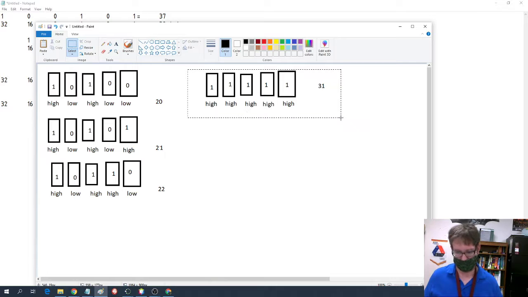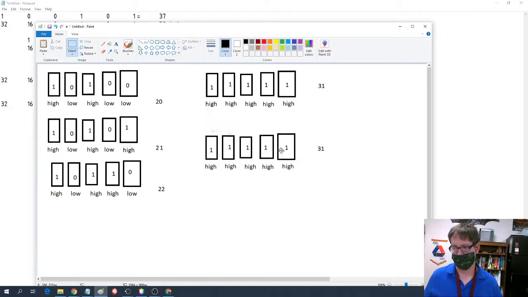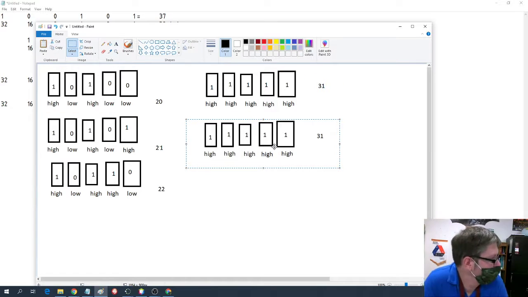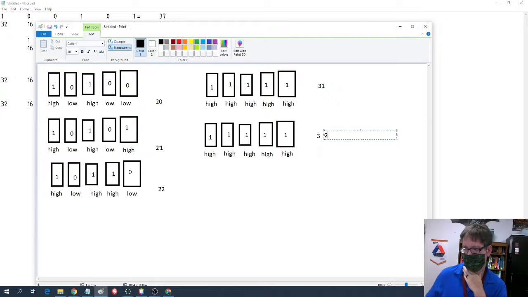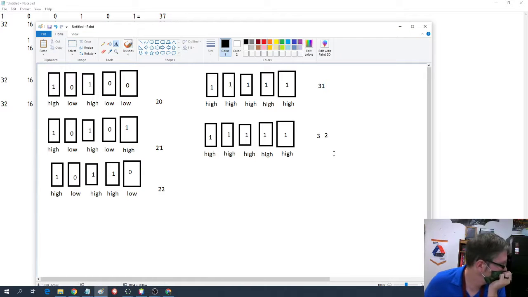What happens when I want to add 1? I'm going to try to represent 32, right? Change all the zeros and add a 1. Okay, I only have 5 slots.